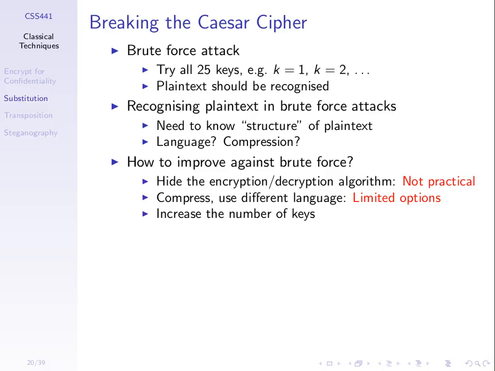Even if there are 100,000 different languages that we could try, a brute force attack increases from average 13 attempts up to 1.3 million attempts. But with a computer, 1.3 million attempts won't take long. So the main way to deter a brute force attack is to make sure that the key space is large. Increase the number of possible keys.